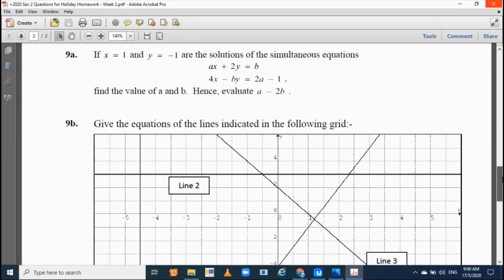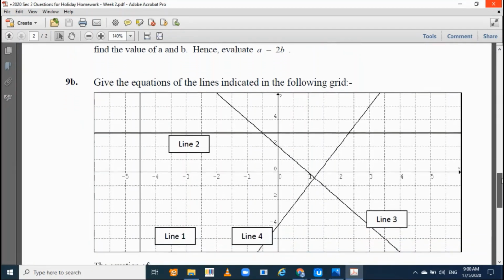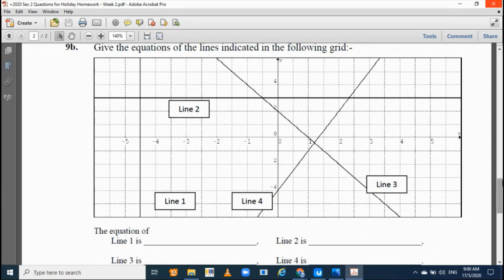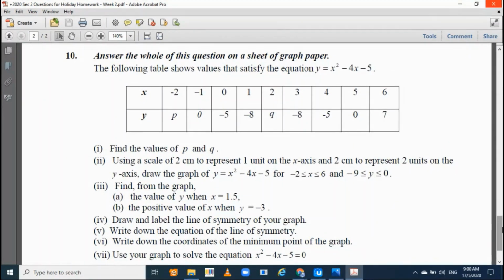Question 9. 9B full question. Question 10 is all for Sec 2.